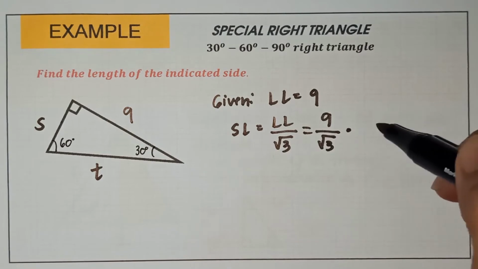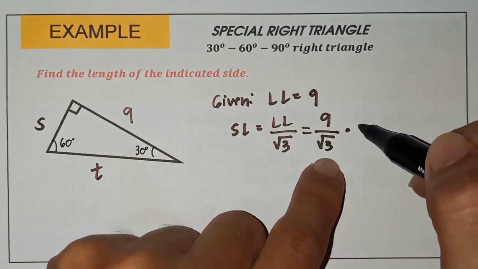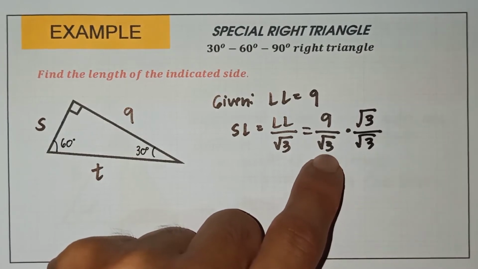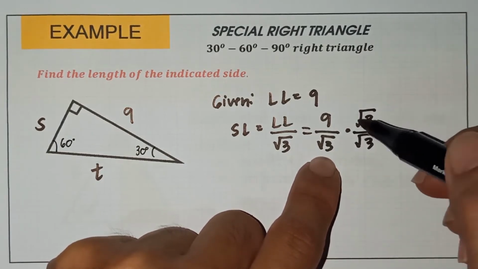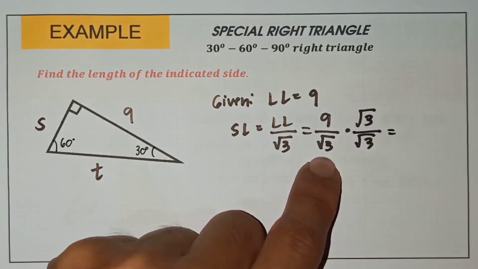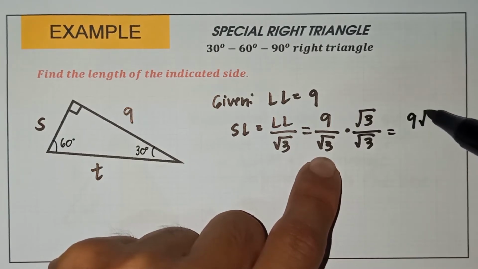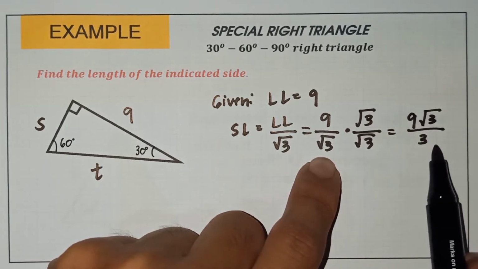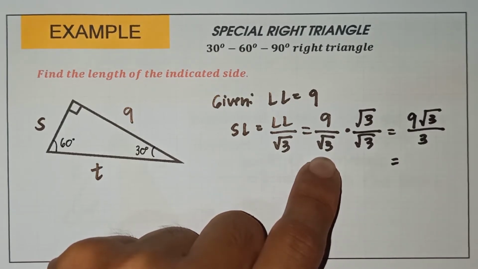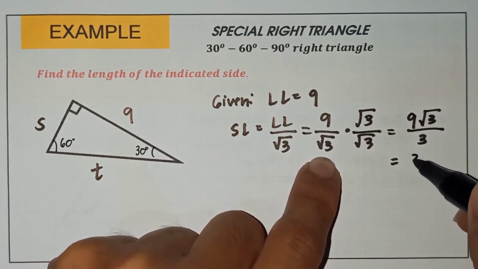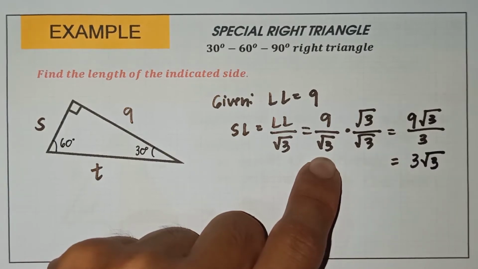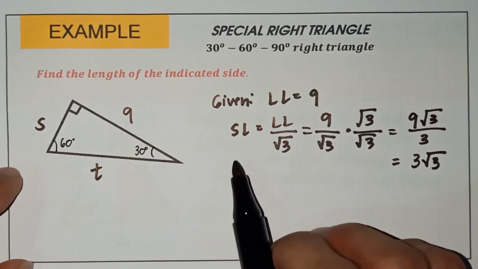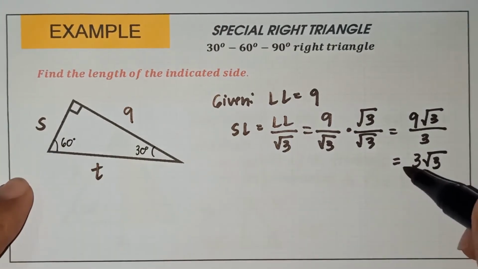Then, rationalizing the denominator, multiply square root of 3 over square root of 3 to the numerator and denominator, and the result is 9 square root of 3 over 3. And 9 and 3 can still be simplified. The result here is 3 square root of 3. That is now the value of the shorter leg, which is S.